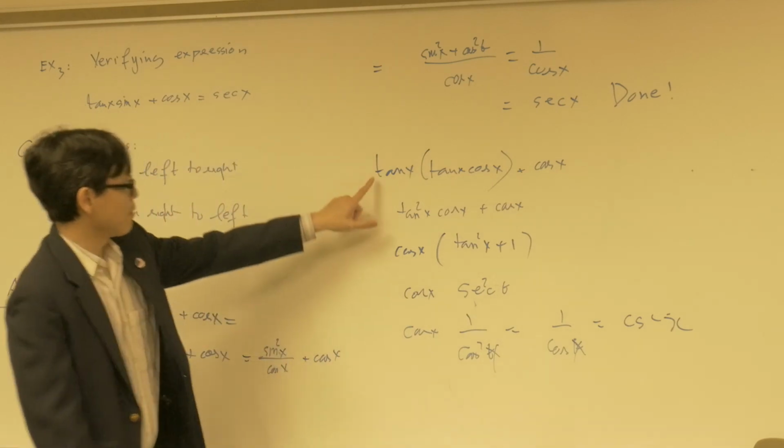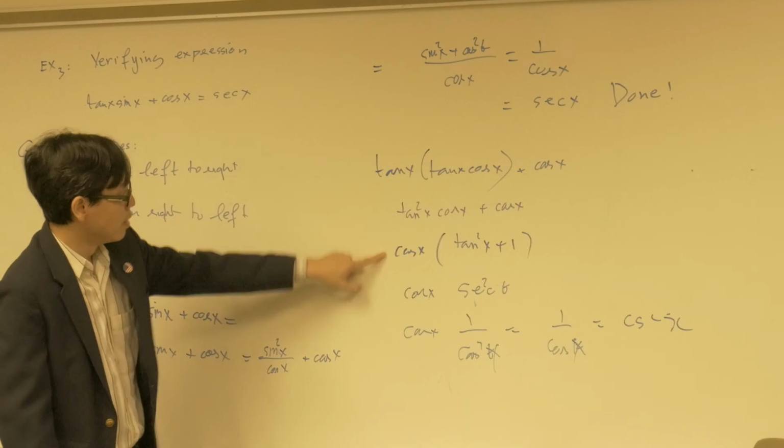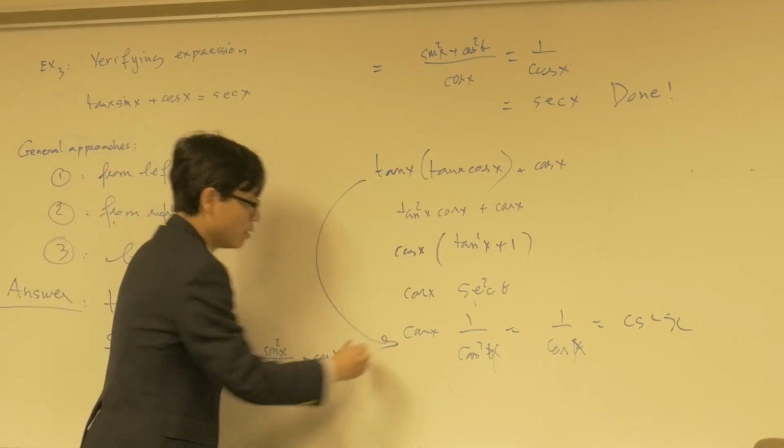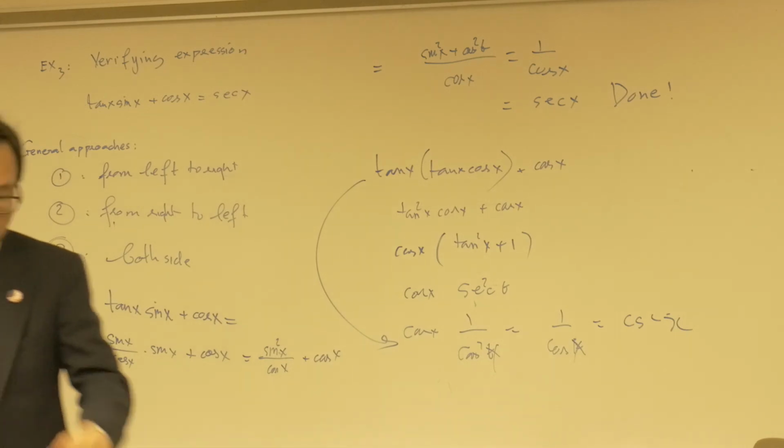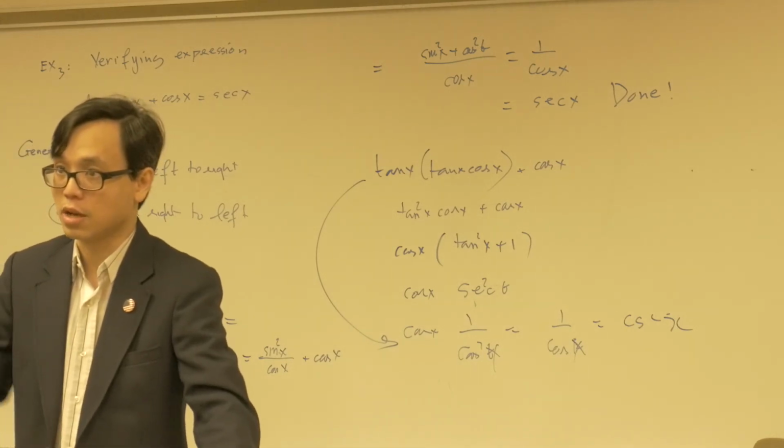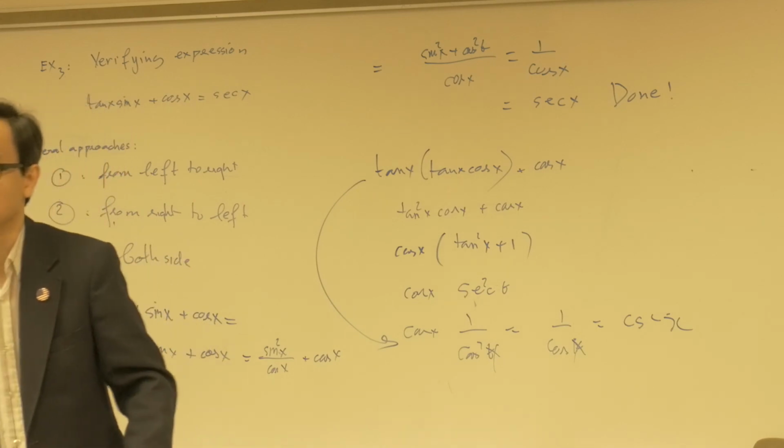You jump from here and skip 3 steps, and from here to boom. Well, maybe you're a genius, but at least you have to show me you're a genius. Actually, some students can think ahead. It's like you're playing chess, you think ahead many steps.